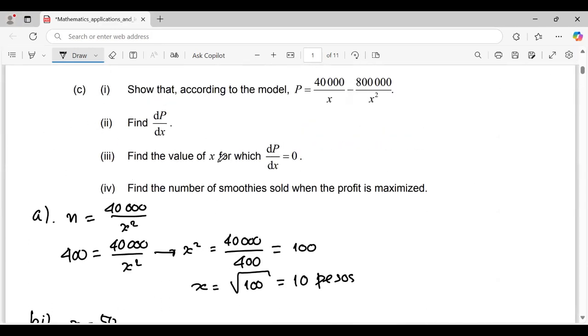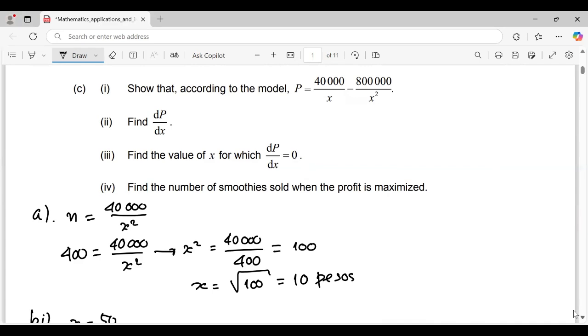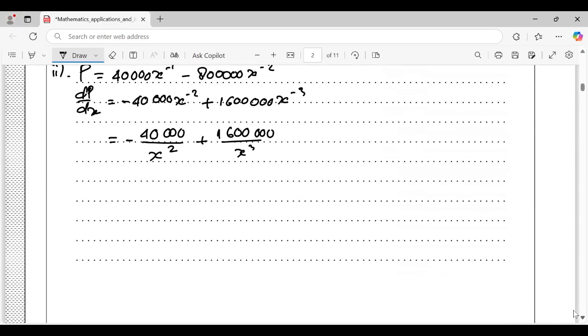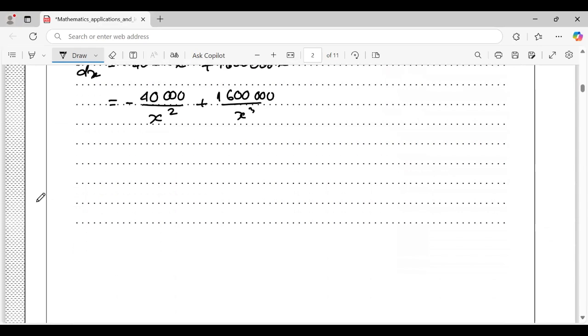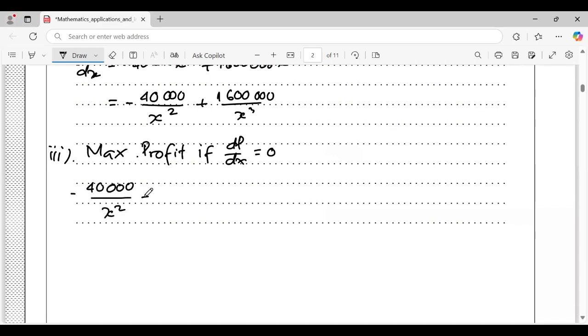Find the value of x for which dP/dx equals 0. dP/dx equals 0 means that is the maximum profit, right? So for maximum profit, dP/dx equals 0: minus 40,000 over x squared plus 1,600,000 over x cubed equals 0.